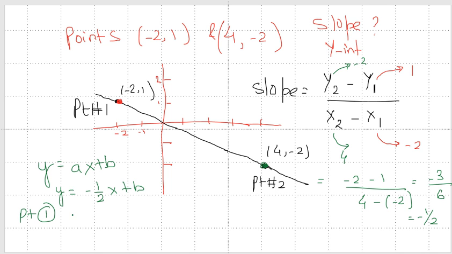Point 1 is on the line, correct? So if I take the value of y for point 1, which is what? Minus 2 equals minus half times, actually I'm sorry, the value of y, erase that.